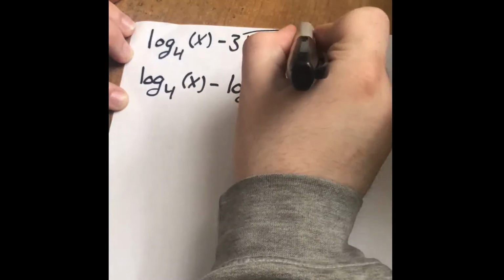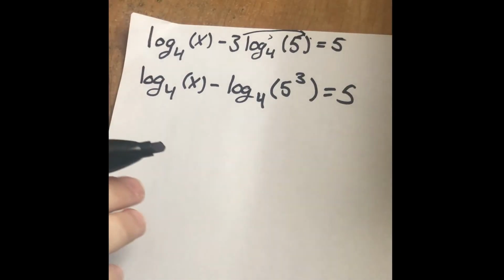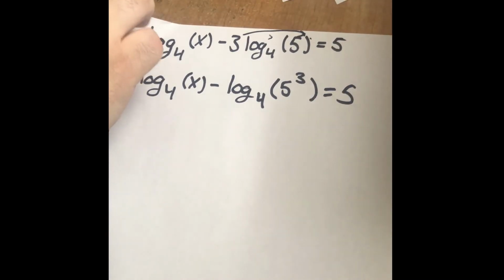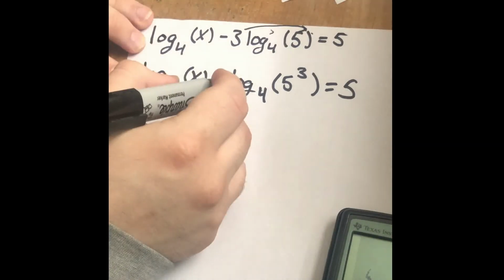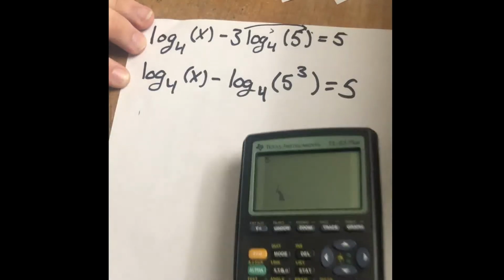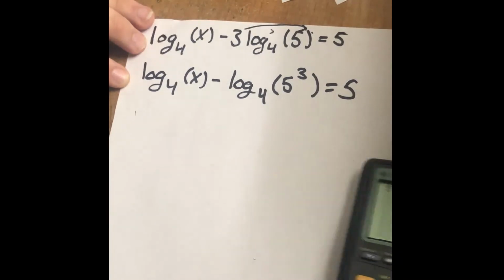Just take the 3, put it up with the 5. So then we end up with 5 to the 3rd is 125.